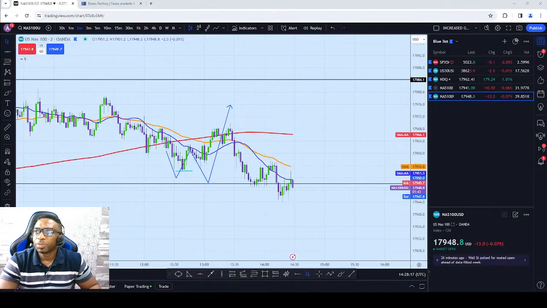There it goes, pulling back again. So with all these wicks left out here, that's why I'm saying it's got a high probability of pushing up further.